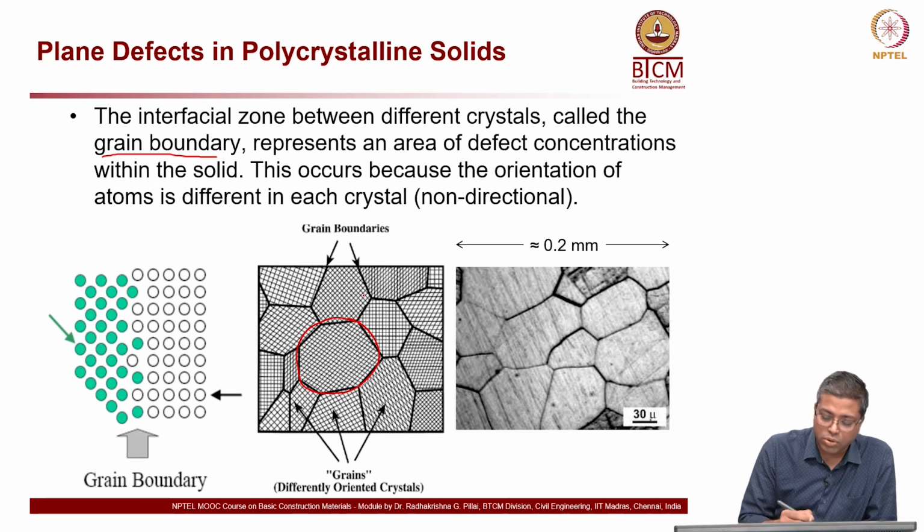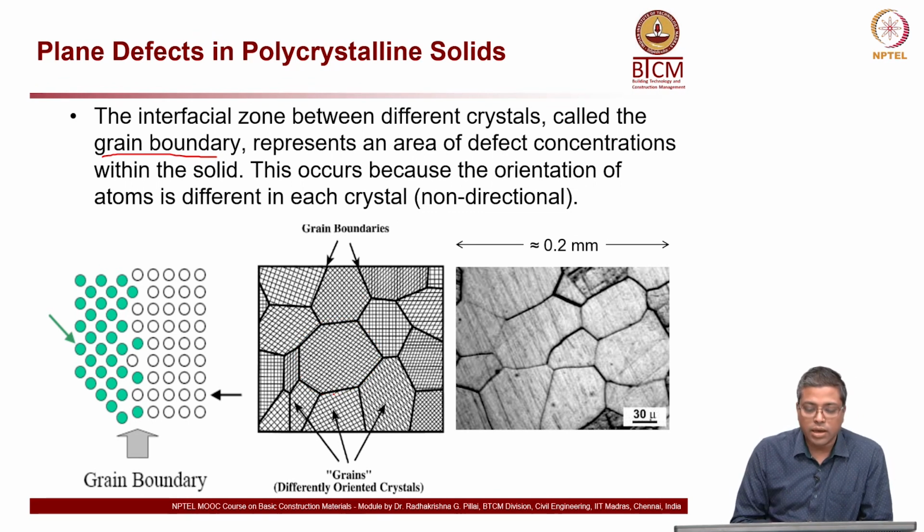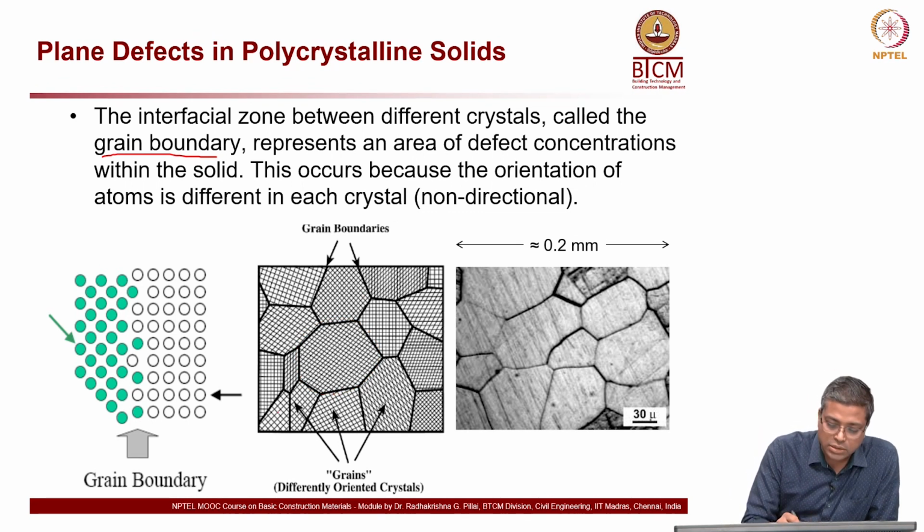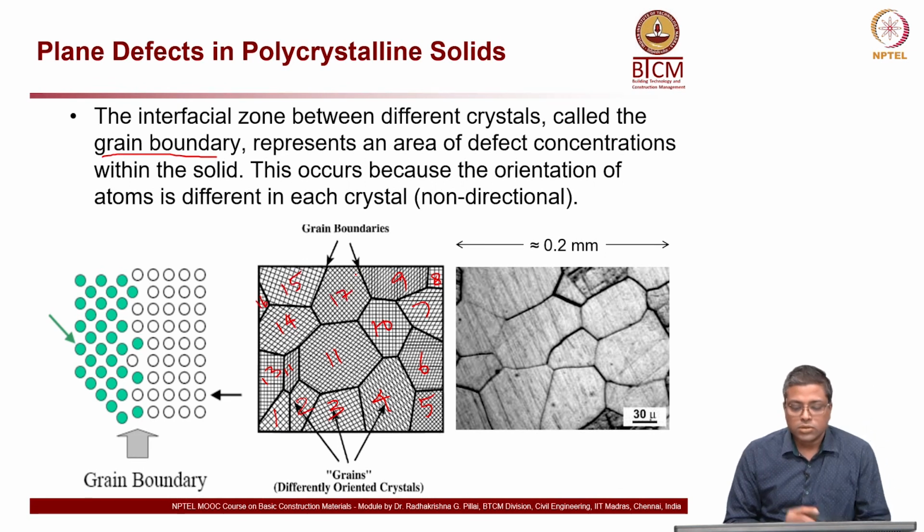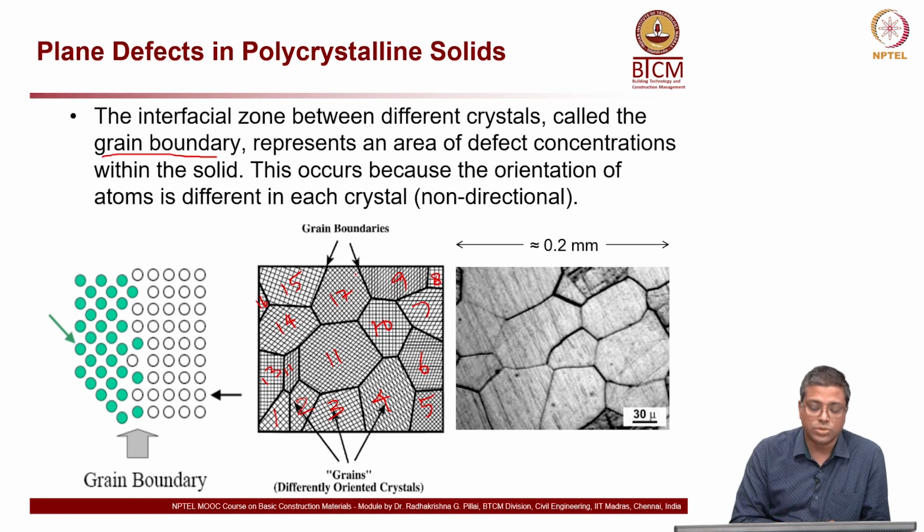If I count how many grains are there in the second drawing, I can say 1, 2, 3, up to 17. Some of them are of course partially visible, but there are 17 grains. So, it is very clear to you what a grain is.